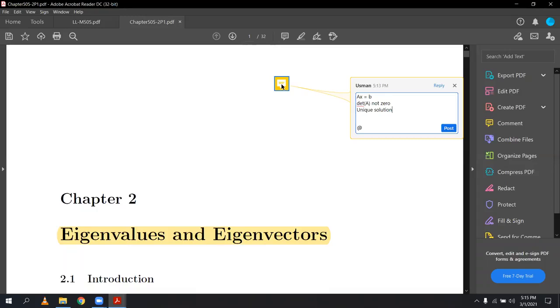And you remember one thing here: if your system is a non-homogeneous system, it may be consistent, may be inconsistent. Consistent means unique solution or many solutions, and inconsistent means no solution. But a homogeneous system is always consistent.